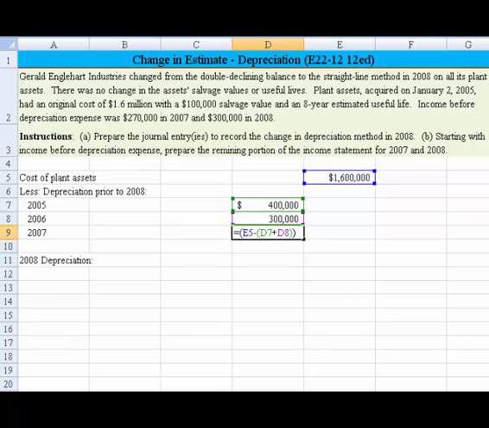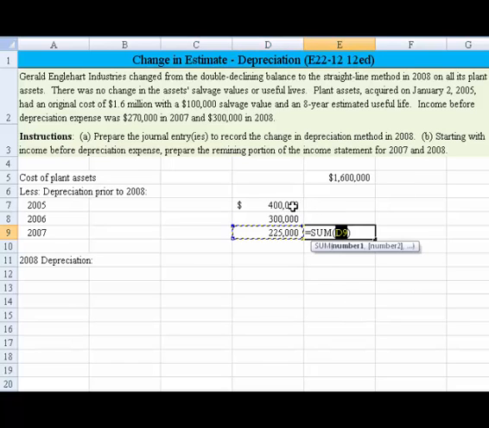And then we need to multiply that again times 1/8, times 2. Hopefully you follow me here. And I'm going to put brackets around both sections of that. If we do that, we come up with $225,000. Let me just format it so it's just comma without a dollar sign.